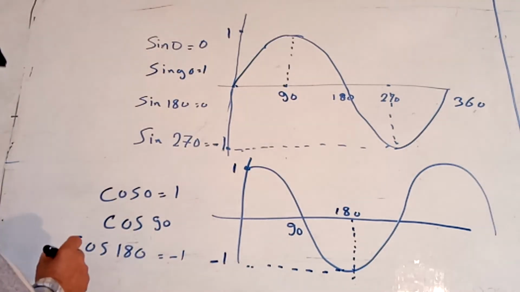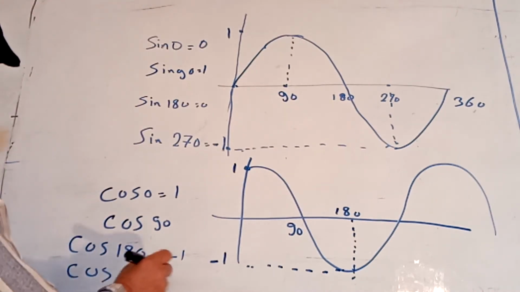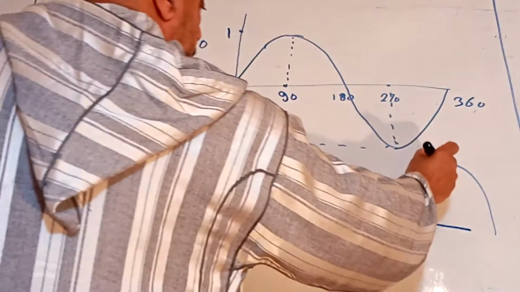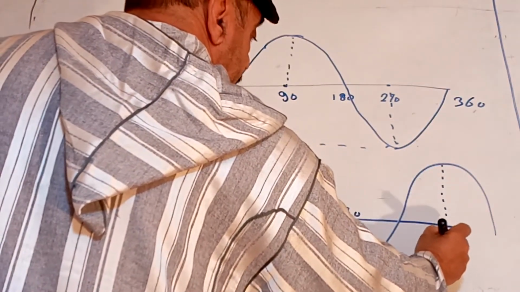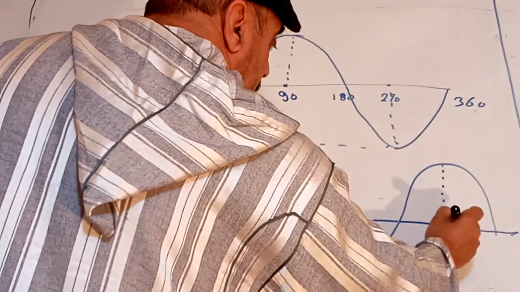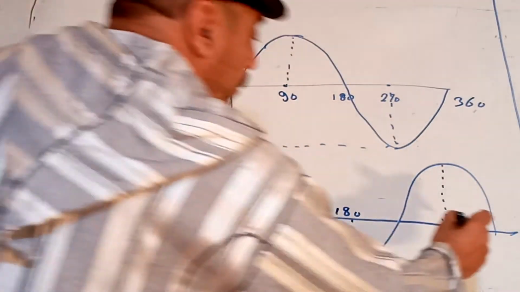Cosine 270 equals 0. And cosine 360 equals 1.